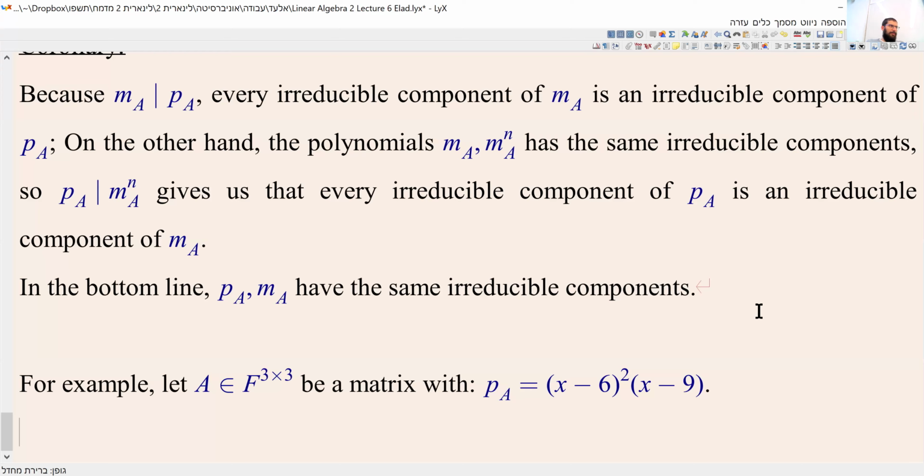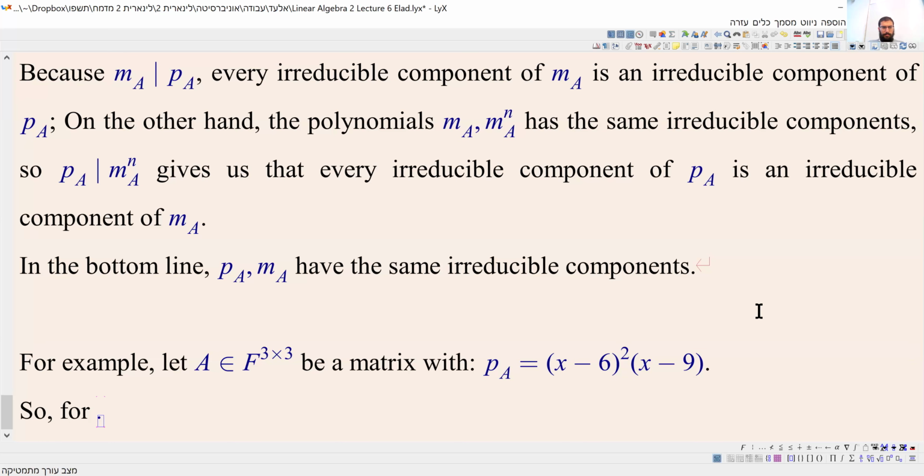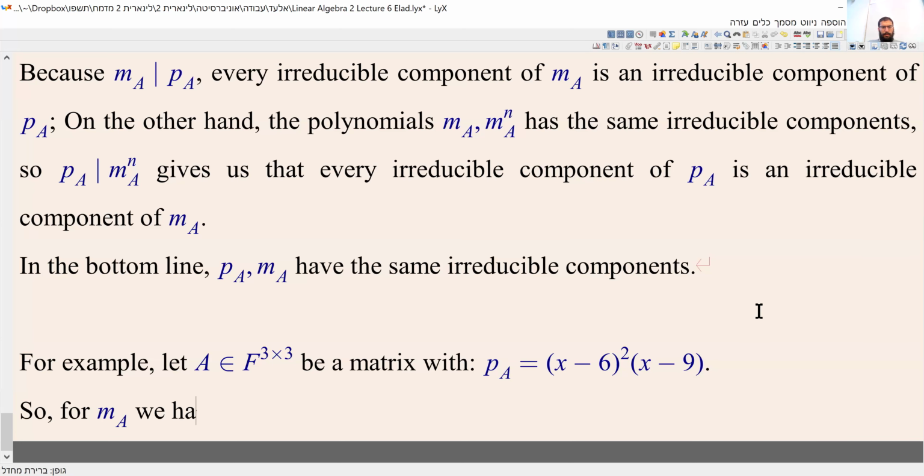But we know that the power of every irreducible component in MA is smaller than or equal to the power of the same component in PA. So, in conclusion, for MA, we have two options.